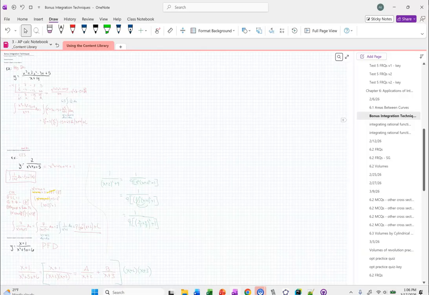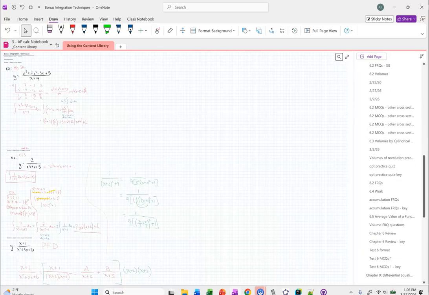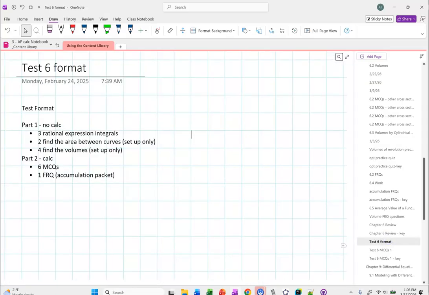Notice that we did this average value for a function that was section 6.5. That doesn't seem like it's listed anywhere in the test format. Mr. Kulik, where would that land? Where could that be if I didn't list it explicitly anywhere? Or in the multiple choice, right?